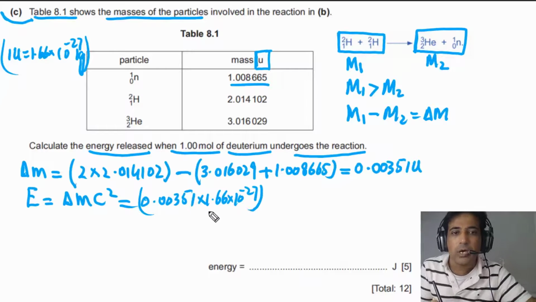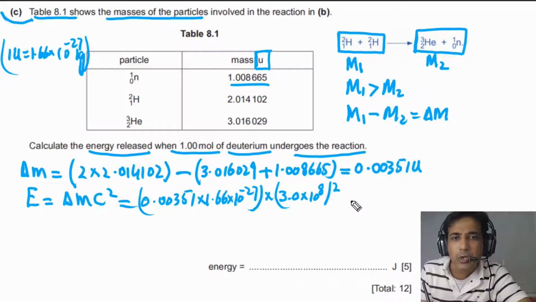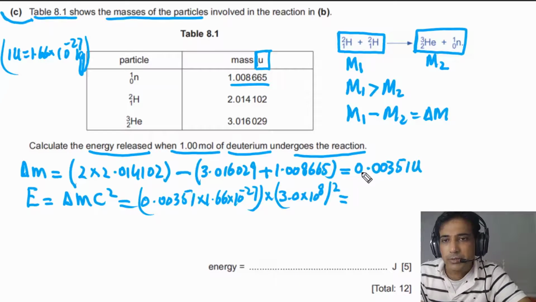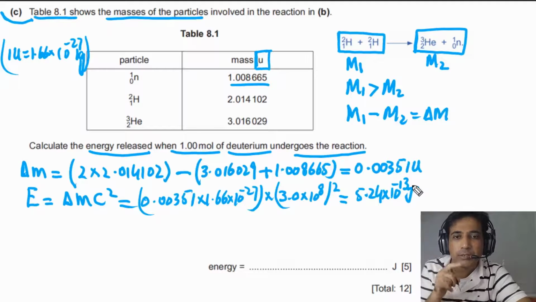So this is now in kgs, and we need to multiply with constant c, that is equal to 3.0 times 10 to 8, square of this value. If we solve this one, we can calculate energy released in one nuclear reaction. Energy released in this case will be equal to 5.24 times 10 to negative 13 joules. So energy released in one nuclear reaction is equal to this one.